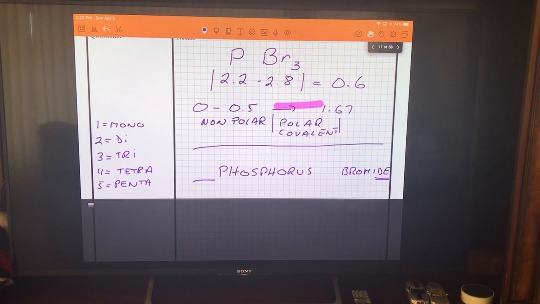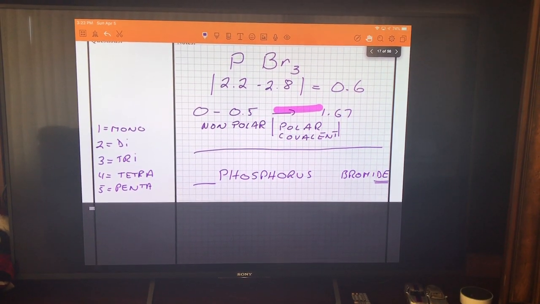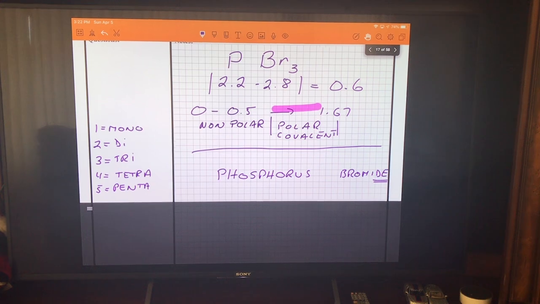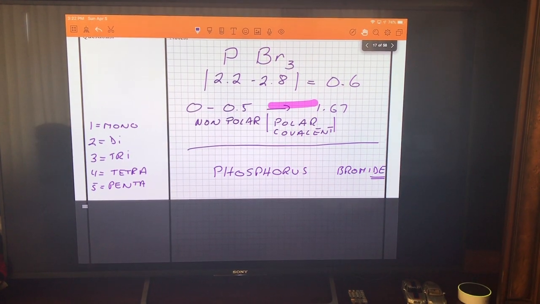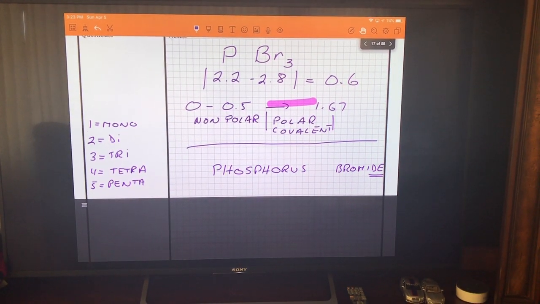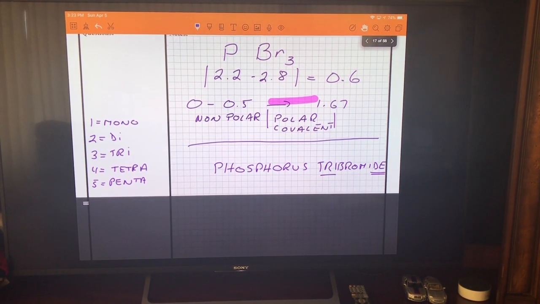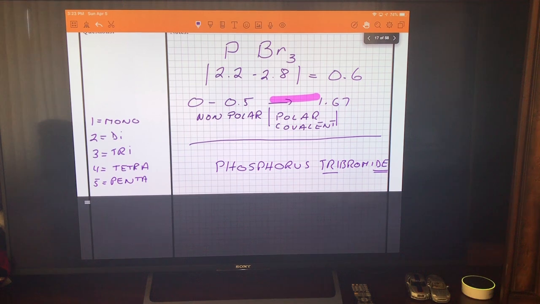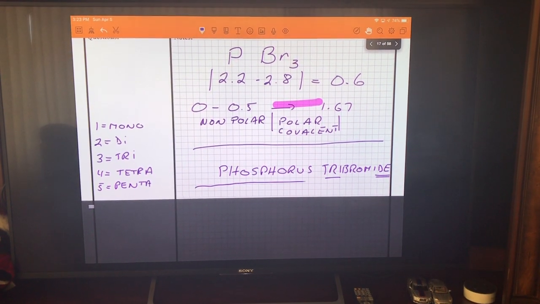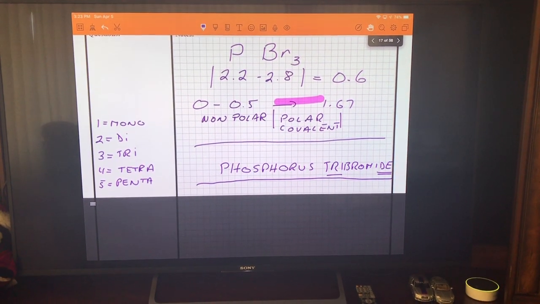So up front here, there is only 1 phosphorus, and so we don't need a prefix there. In this case, there are 3 of the bromides, so we're going to put the prefix tri in front of that. So its name is phosphorus tribromide.